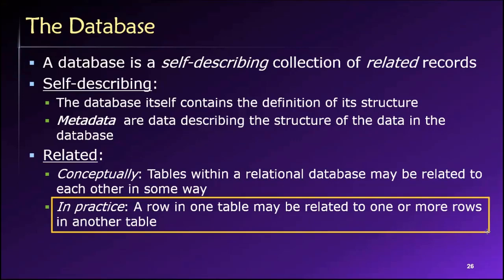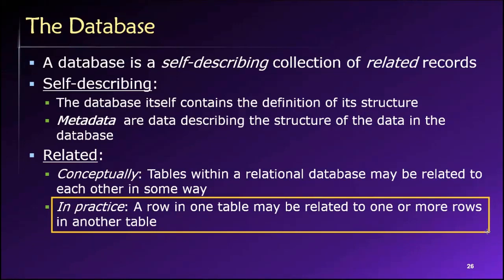So a row in one table may be related to or connected to one or more rows in some other table. And as we saw last time, the primary mechanism that we use to enable these row-to-row connections is matching pairs of values.